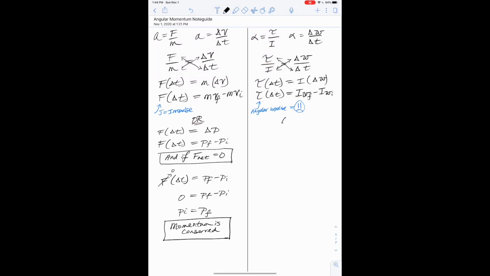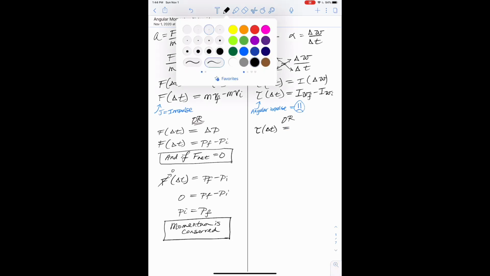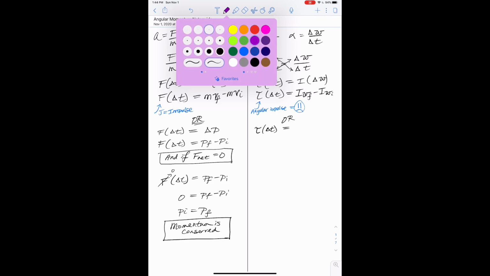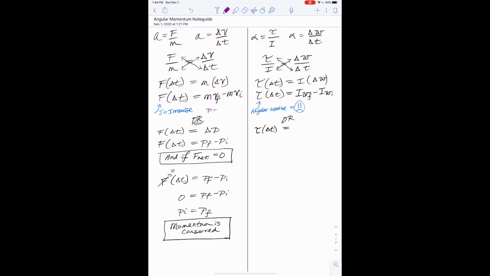So we do have a variable for angular momentum. So we'll get to see that right now. Angular momentum, let me write this down so that way you can just add it in there if you like. Over here we said p equals mv, right? This is kind of what we did.